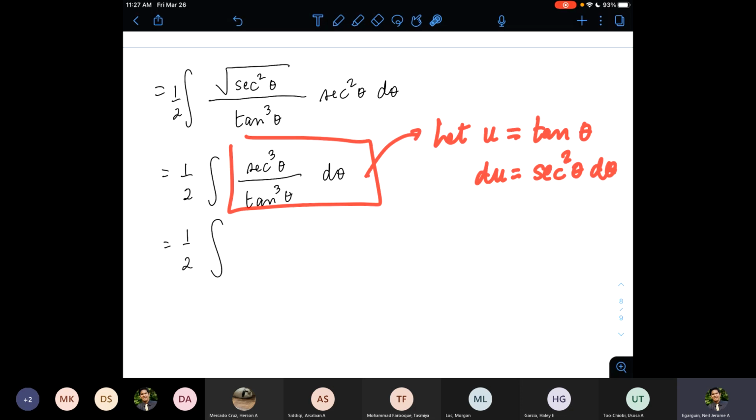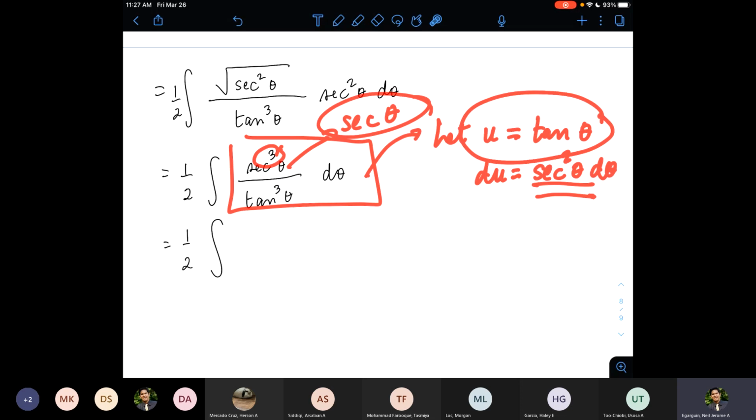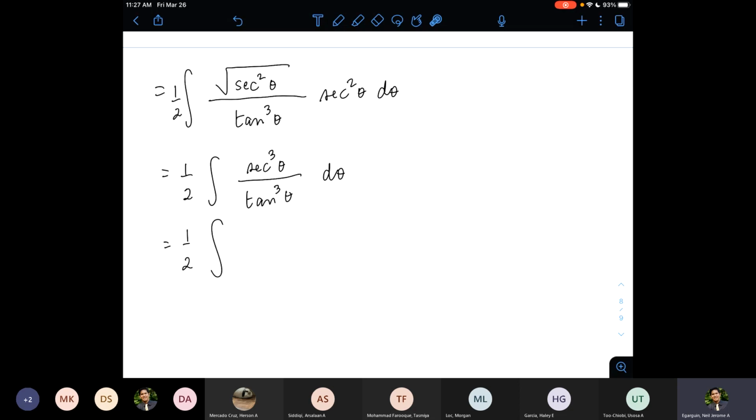But after a second look at the numerator, we have a secant cubed. So we can take out 2 of those powers for our du, but you will be left with the secant theta alone there, which cannot be written nicely in terms of a tangent. Okay, so that means that u substitution wouldn't work.